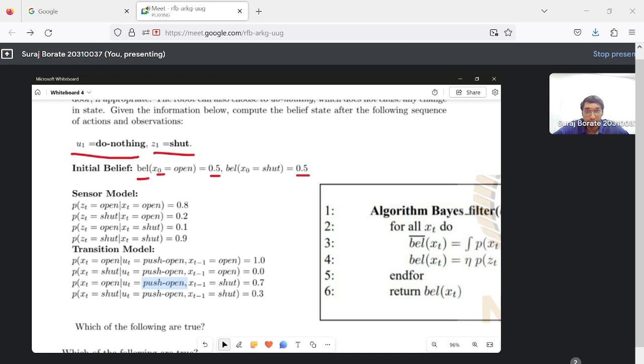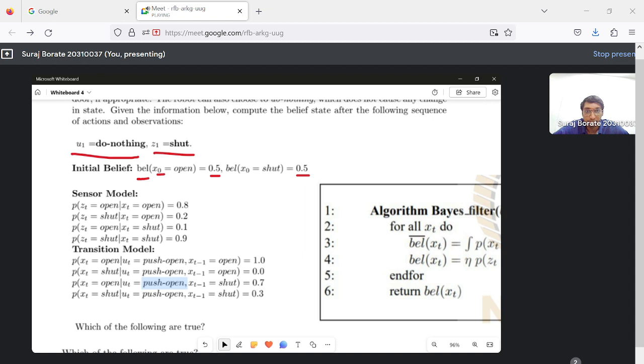Now we have only done the first step, the prediction. The prediction is that the door can be open or closed with a probability of 0.5, and it is no wonder, because the action chosen was nothing.